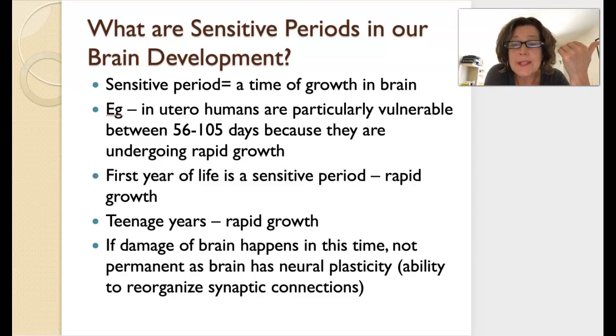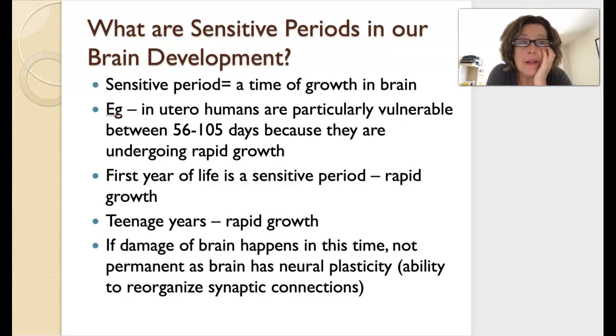So if damage of the brain happens in this time, it's not as permanent because the brain has neuroplasticity. It's growing so much, specifically in these times, and it can actually reorganize itself. Brain damage is bad at any time, but particularly in these times, it can actually repair itself.